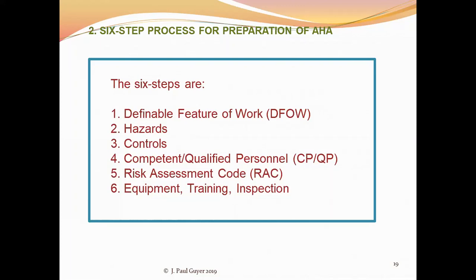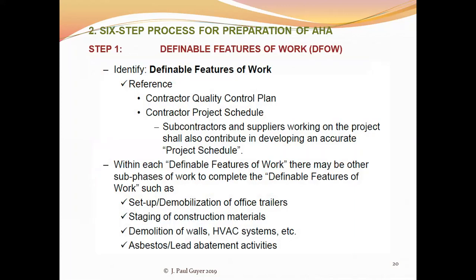So the first step in this 6-step process is to look at the definable features of the work. There may be a contractor quality control plan. If this is a federal contract, that's pretty much a standard feature spelled out in the specifications and in the contract between the contractor and the federal government, the federal agency.